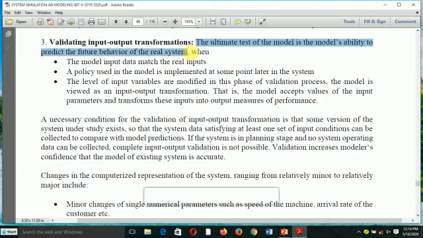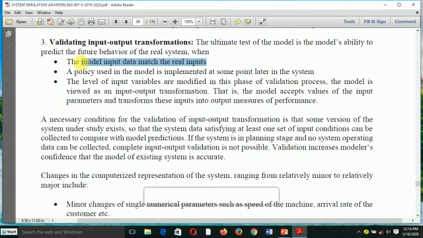How? When the model input data match the real system inputs. If they match, you can predict how the system will behave.